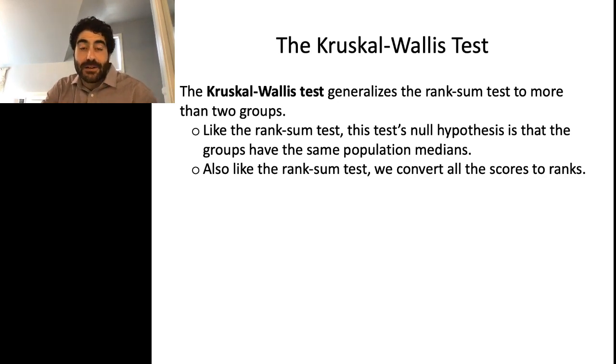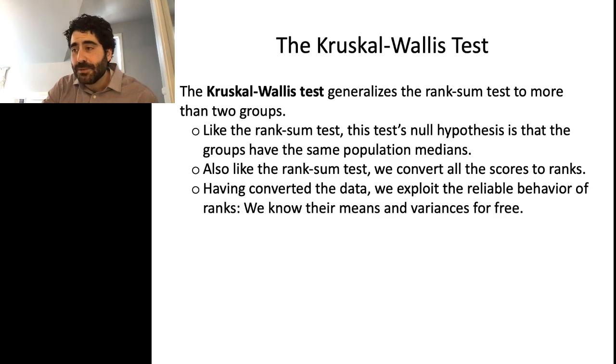And ranks are guaranteed to be nicely behaved, right? They're guaranteed to be uniformly distributed. And so the nice thing here is that the null hypothesis is really simple because we know exactly what the mean and variance of our distribution is, because it's just this uniform rank distribution. And we're going to do something similar to an ANOVA.